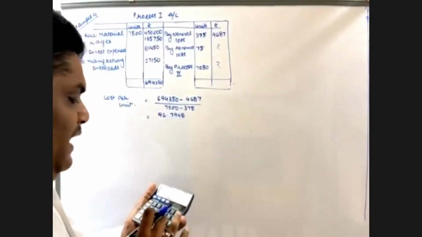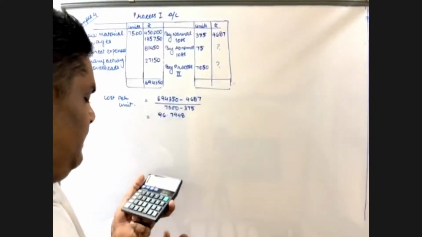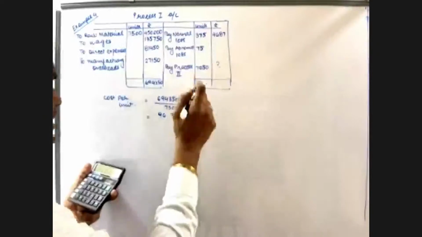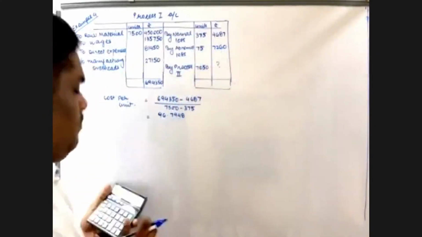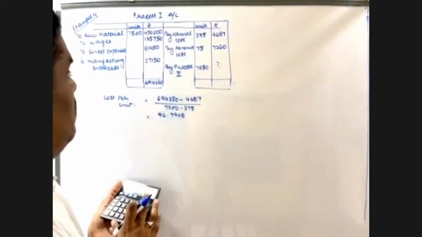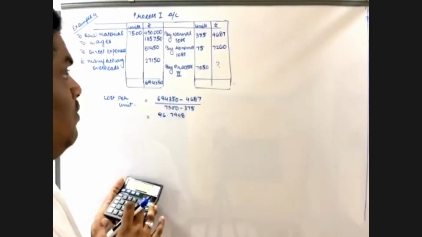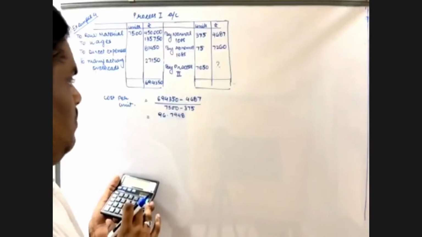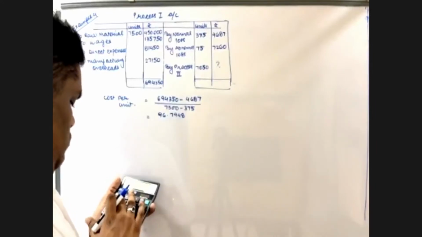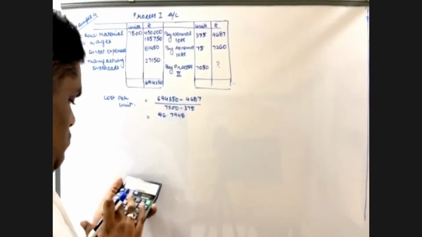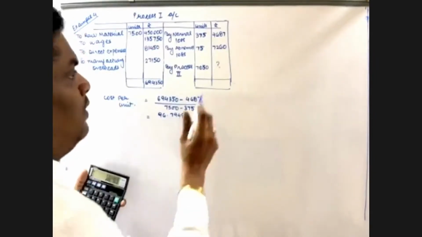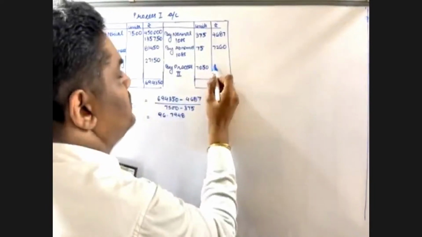So if we multiply it by 75, this will be 7260, and this will be 682,403.